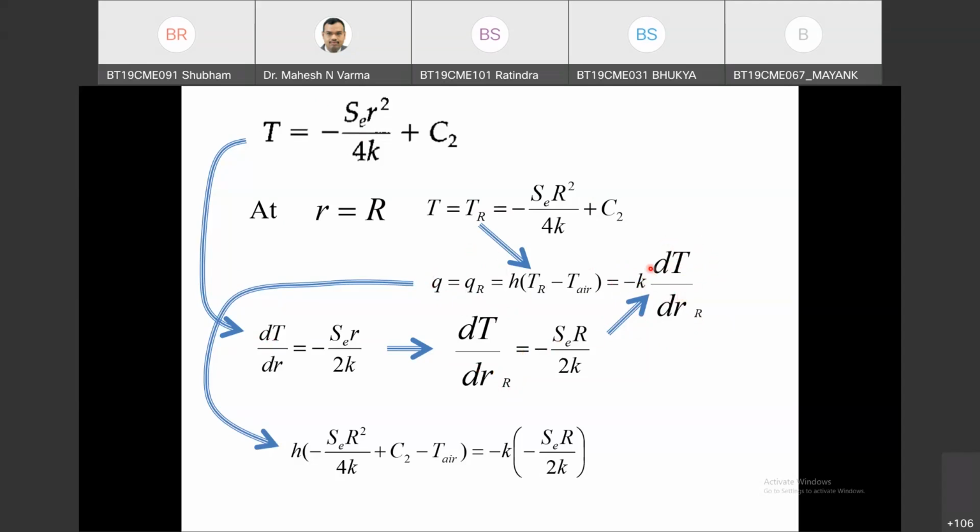Now combining this, you can substitute this TR here, and this dT/dr here. This is TR, surface temperature, and this is QR. Overall this is Newton's law of cooling, this is Fourier law of heat conduction, and this is the surface temperature. Now using this, I can estimate C2.